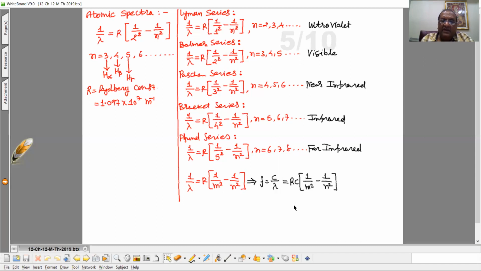And as per classical electrodynamics, if any charged particle is executing accelerated motion, then it emits energy in the form of radiation. So now if the electron is revolving and emits energy, then its energy will be continuously decreasing.